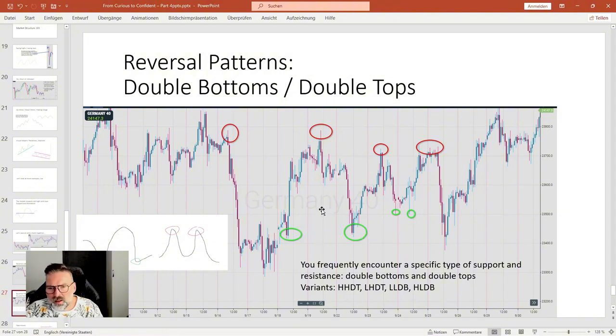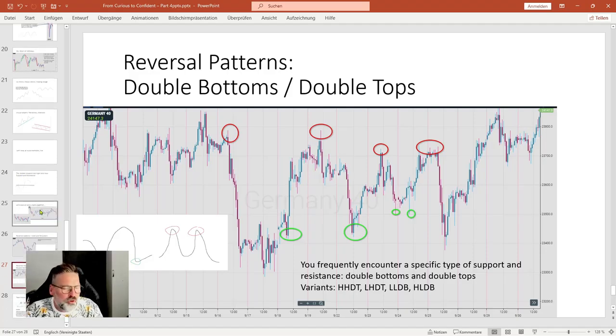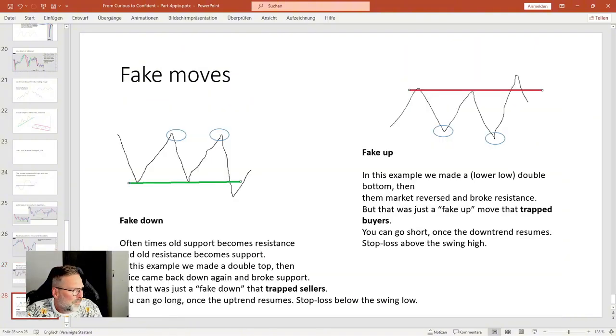So I want to close with a tiny little bit of an advanced topic, because I would be disingenuous if I said that the market would always move like a textbook. It can play a lot of shenanigans, and you should at least be aware that they can be fake moves.